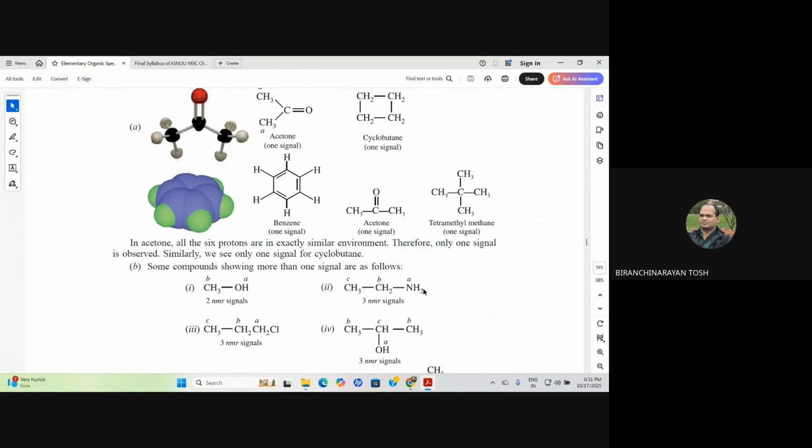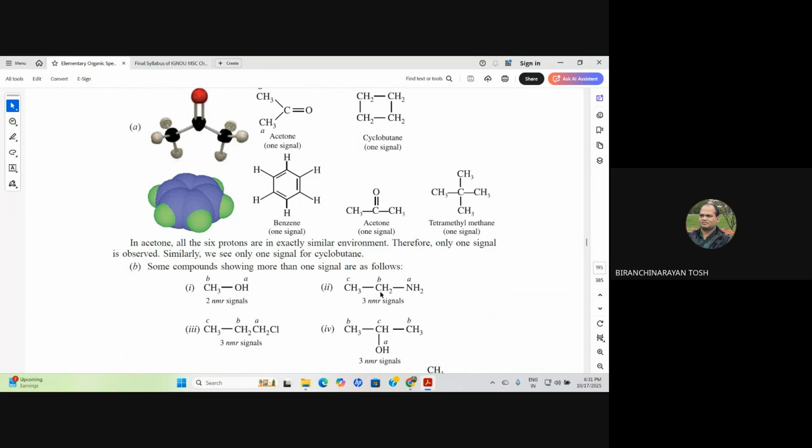In case of ethylamine, the nitrogen has two protons, the carbon has two protons, and this has three protons. These five protons are not equivalent because this carbon is linked to one carbon and one nitrogen. So we have to see to which atom the proton is attached and which element is in its neighborhood.